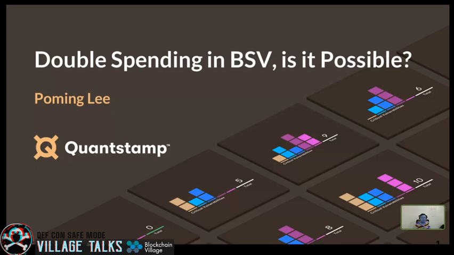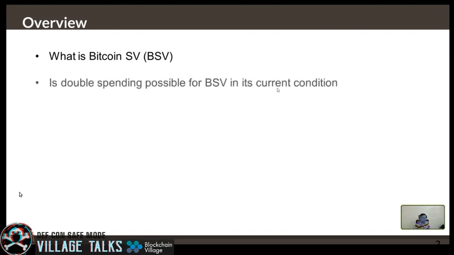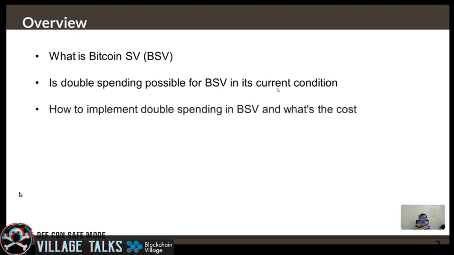I'm a security auditor, and the topic today is double spending in BSV. Is it possible? Firstly, I will briefly explain what Bitcoin SV, so-called BSV, is. Secondly, I will talk about whether double spending is possible: what is double spending, and is it possible for BSV in its current condition?